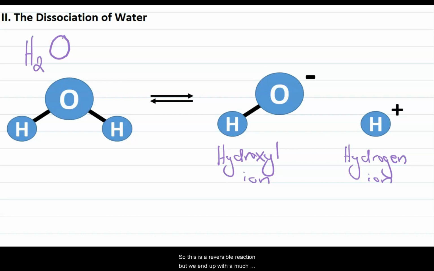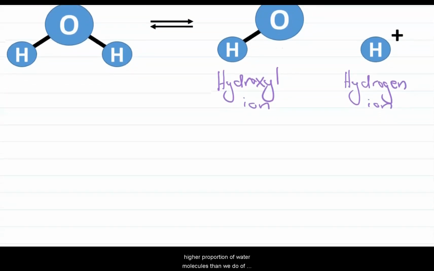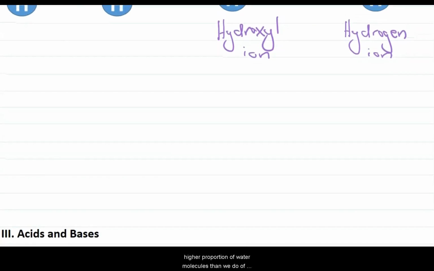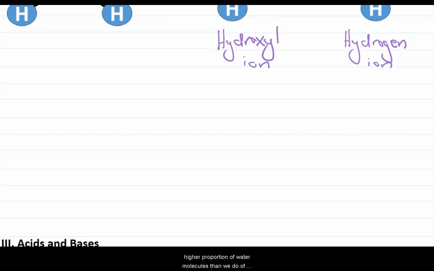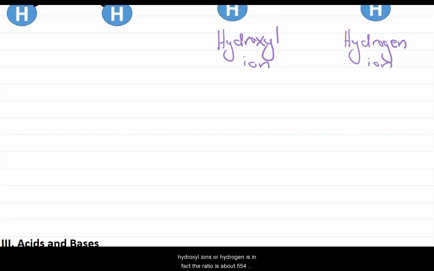So this is a reversible reaction, but we end up with a much higher proportion of water molecules than we do of hydroxyl ions or hydrogen ions. In fact, the ratio is about 554 million water molecules to every hydroxyl or hydrogen ion that we get.